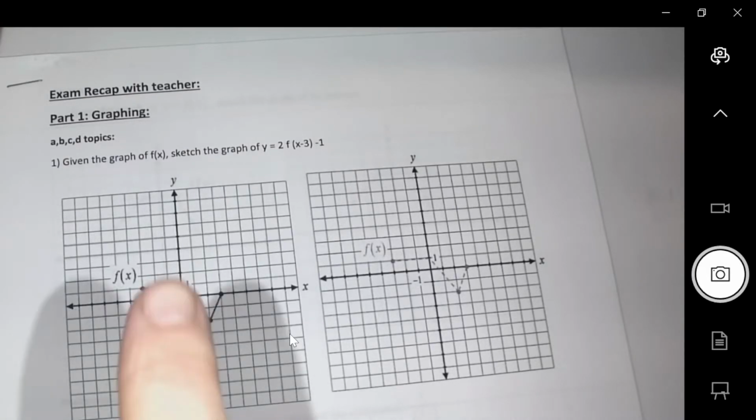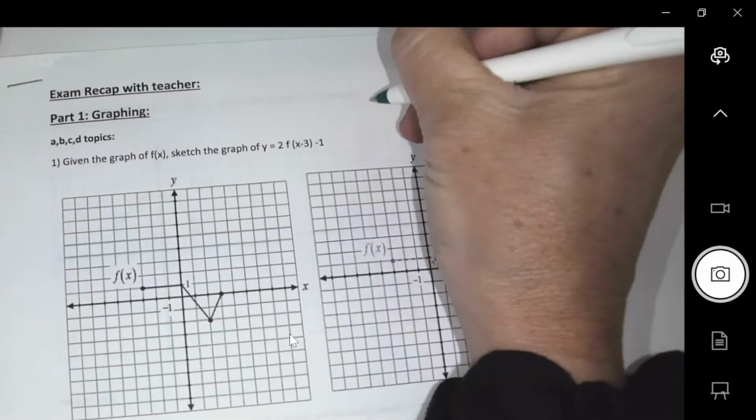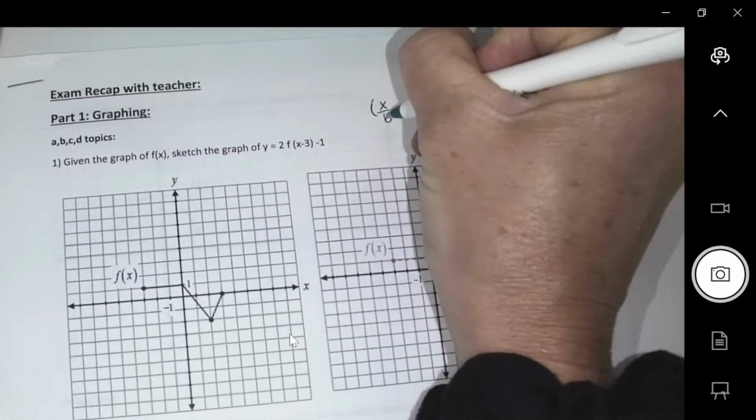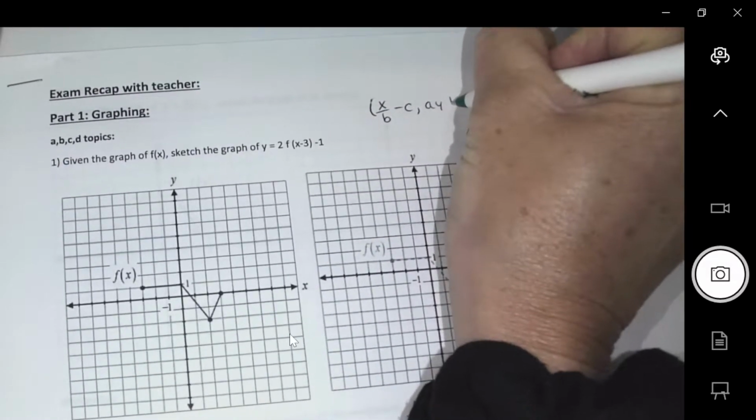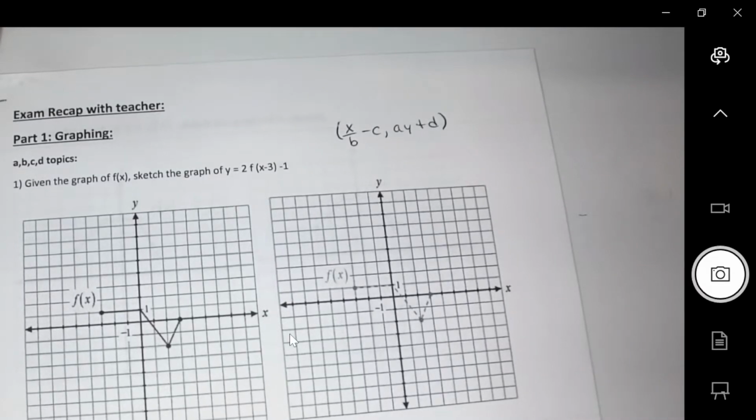Okay, so I have a graph, and then I have a bunch of A, B, C, D stuff. Can you write me a coordinate? Can you write me that type of coordinate using that info that you have?